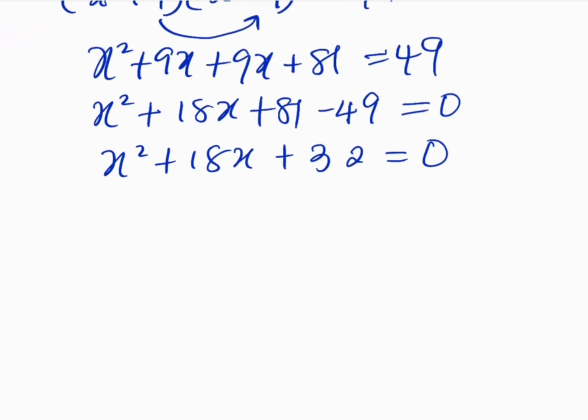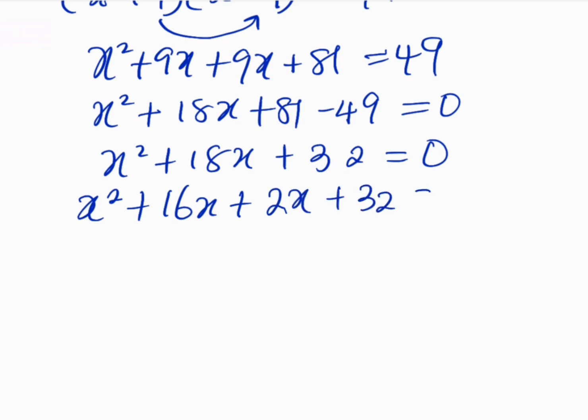This is now a quadratic equation, and we need to think of two numbers that when we multiply we will get 32, and when we add we get 18. Of course, the numbers are 16 and 2, because 16 times 2 is 32 and 16 plus 2 is 18. So we shall have x² + 16x + 2x + 32 = 0. So let's factor out x.